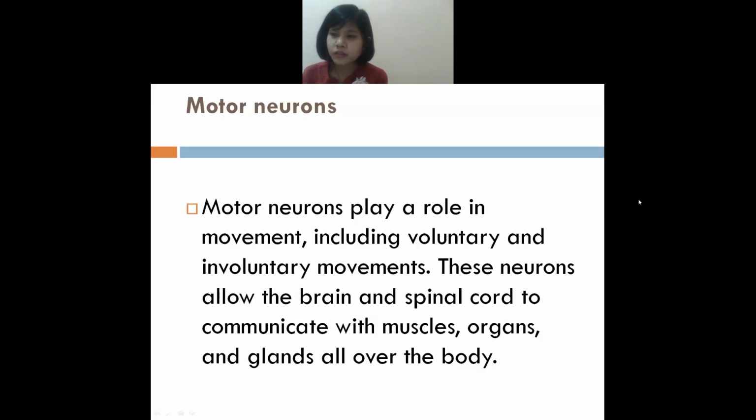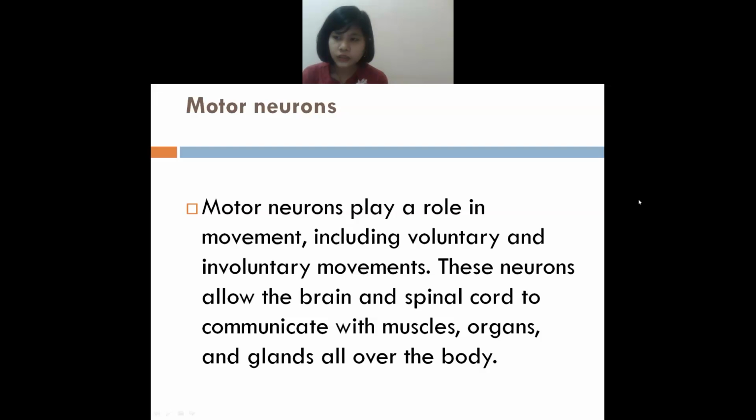You got it right. In the central nervous system, you have the brain and the spinal cord. The brain and the spinal cord communicate with each other and with muscles, organs and glands, which are all over your body. Muscles are what you can control.